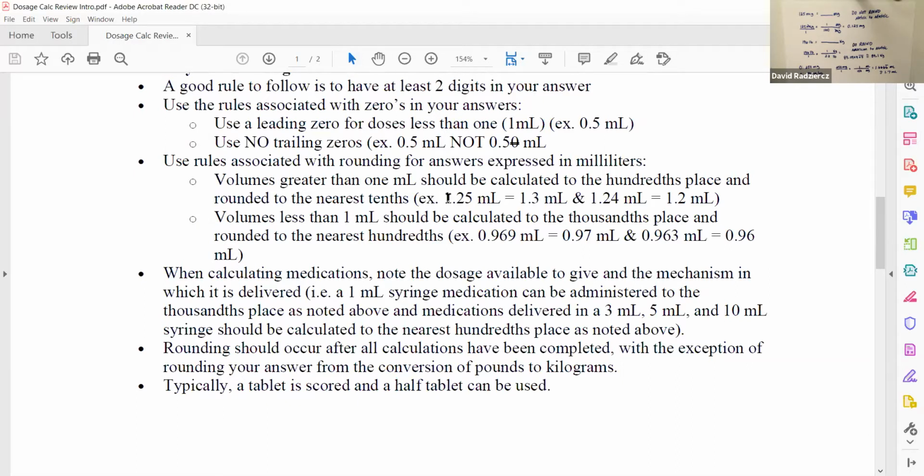The rule is if you have a number greater than 1, okay, so it says volumes, but a number greater than 1, round to the nearest 10th if you need to. And if you have a number less than 1, so 0 point something, you round to the nearest hundredths, okay? And that's the rule, at least for within the nursing program.